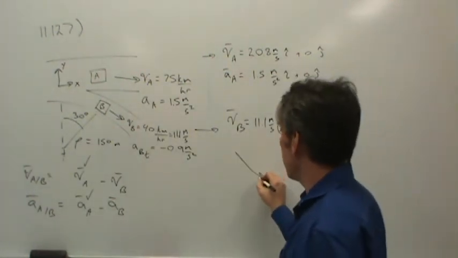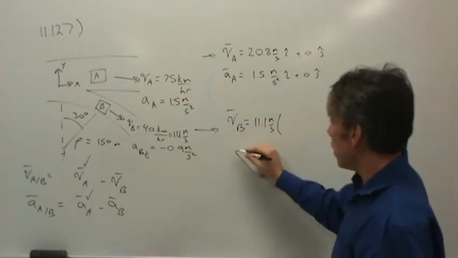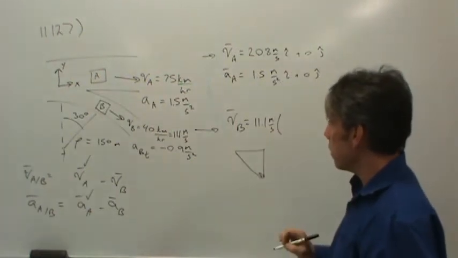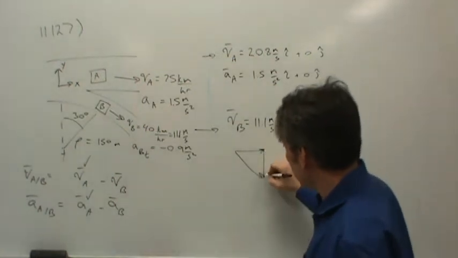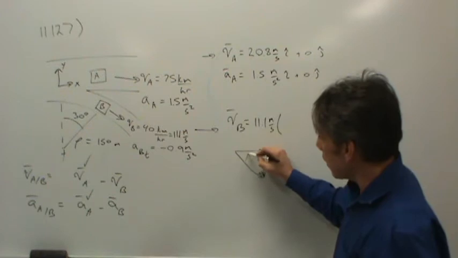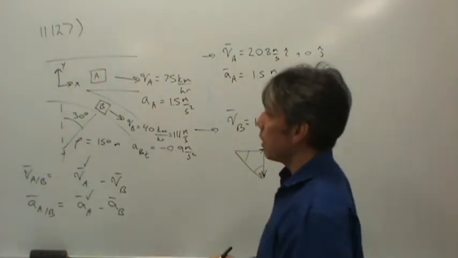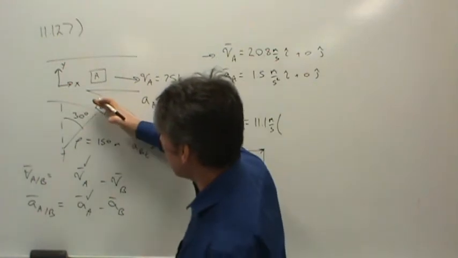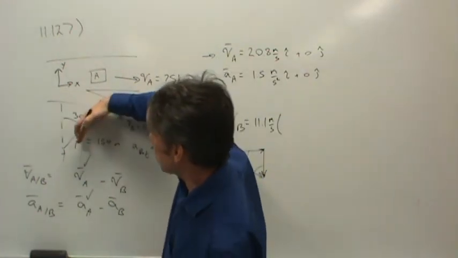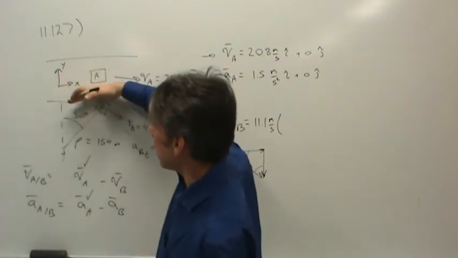So here's the velocity of B. I just want to resolve it into horizontal and vertical components. Here's the i piece, here's the j piece. What's the angle back here? Do I know the angle here, or do I know the angle here? Well, you can use the fact that this line is perpendicular to this line, and this line is perpendicular to a horizontal line.